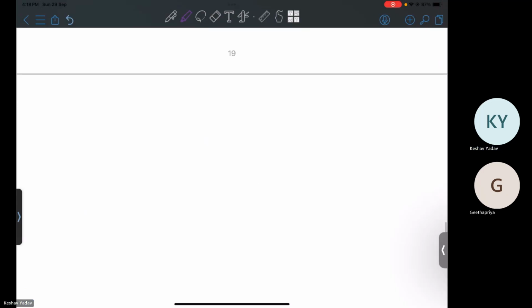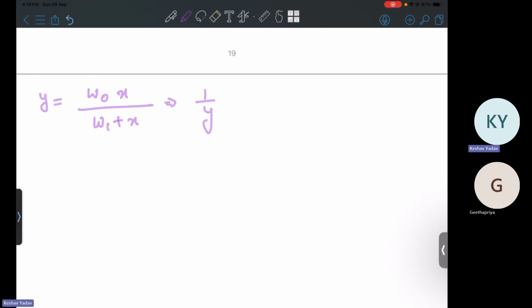So here we have y hat equal to W naught X divided by W1 plus X. From here, if we take the reciprocal on both sides, it will equal W1 plus X divided by W naught X, which will be equal to W1 divided by W naught times 1 upon X plus 1 upon W naught.